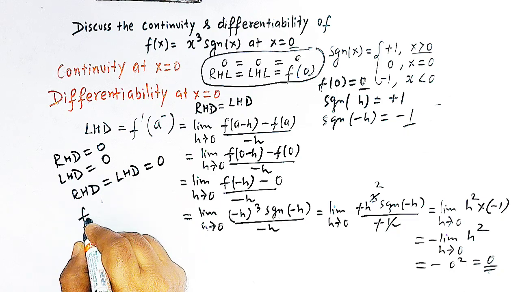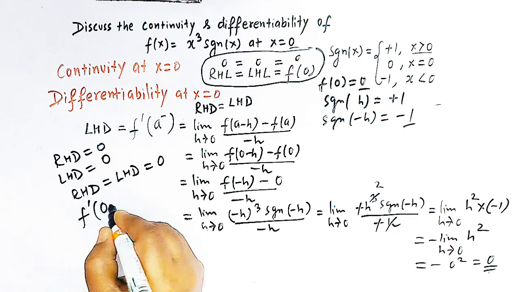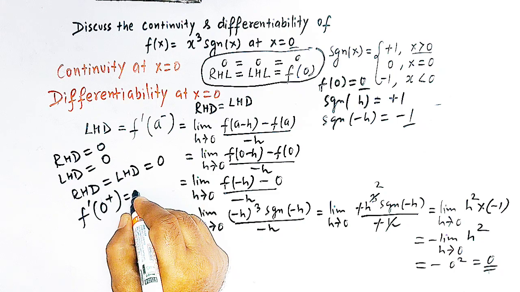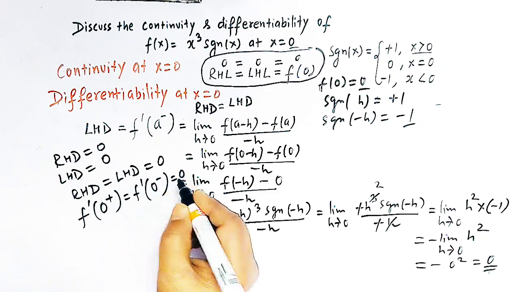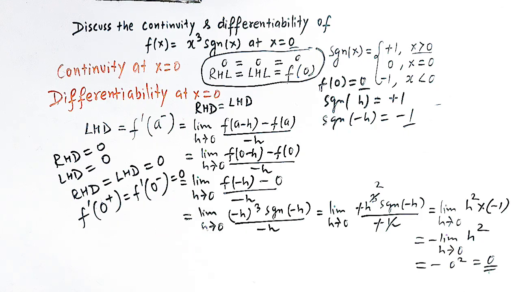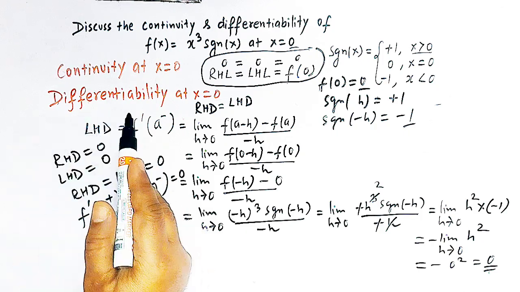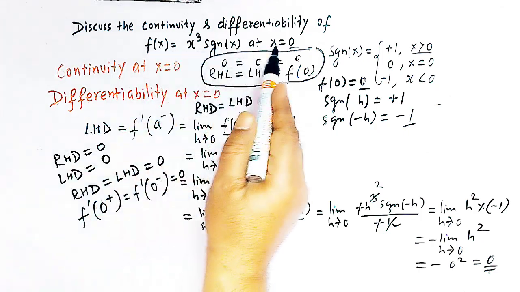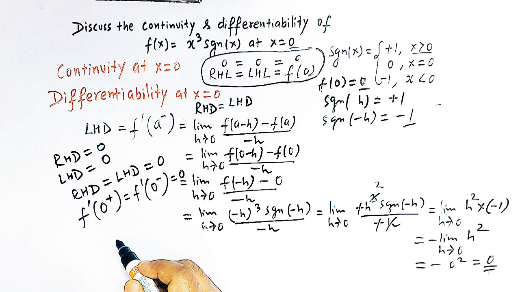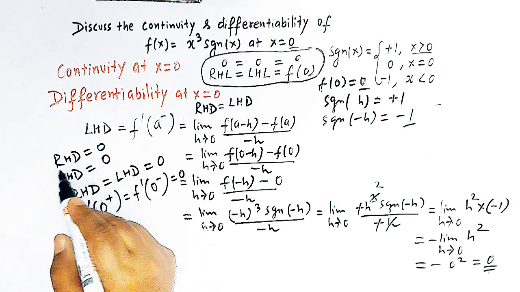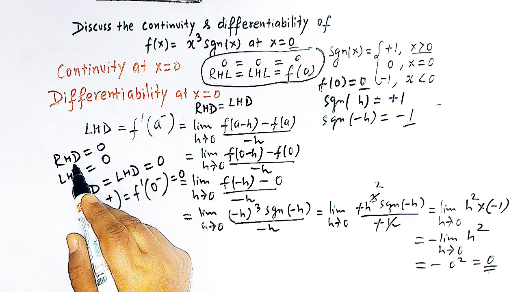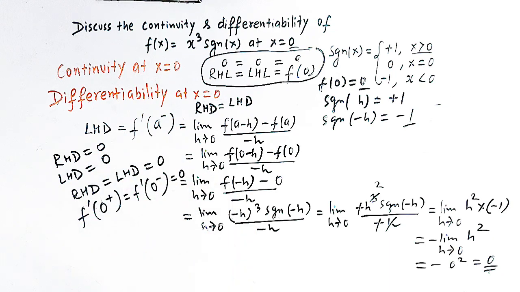So we can also write it as f prime of 0 plus and f prime of 0 minus, and both the derivatives are equal to 0. So we can now claim that this function is differentiable at x is equal to 0, because both sided derivatives are finite and they exist and they are equal to each other.